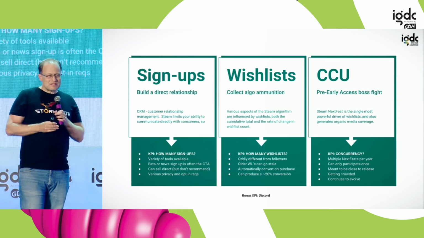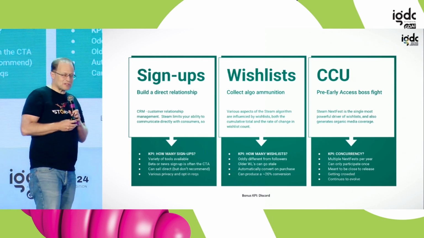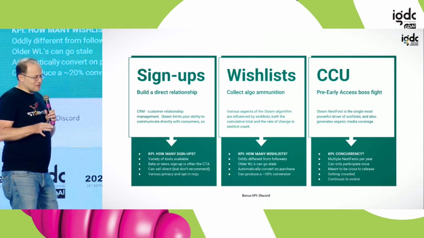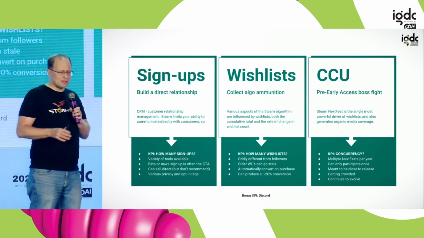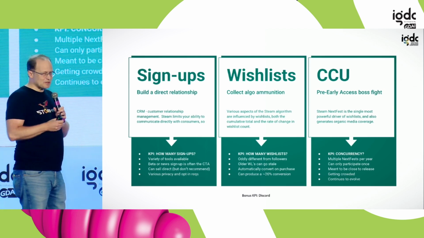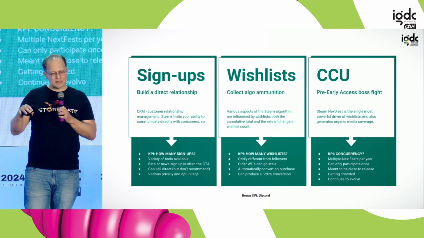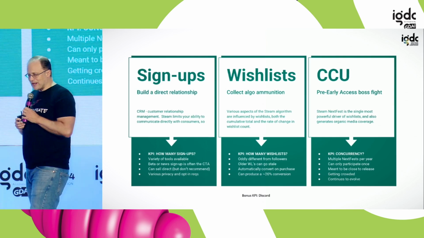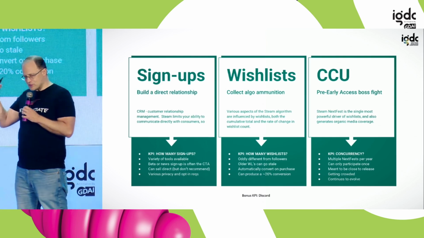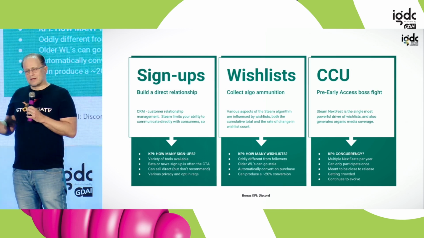The next one is Steam wish lists. Steam as a platform lets players wish list products. Interestingly, Steam also has a similar function called follow, but wish lists are really the primary metric that most of us use to try to gauge how much pre-release interest is there in the game. And so that happens on platform, and the number of wish lists that you collect winds up kind of being a currency on Steam.